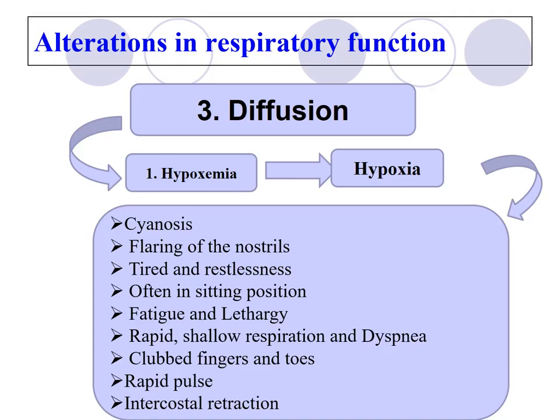Often he will be in a sitting position, because sitting relieves the pressure on the diaphragm and gives space for the lungs to expand better. Fatigue and lethargy, rapid shallow respiration, and dyspnea, which is difficulty in breathing.